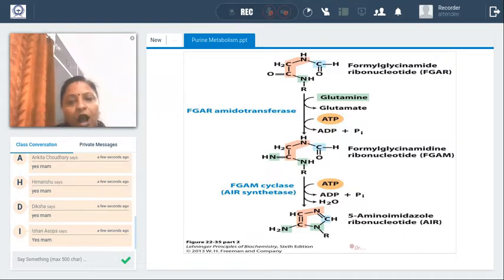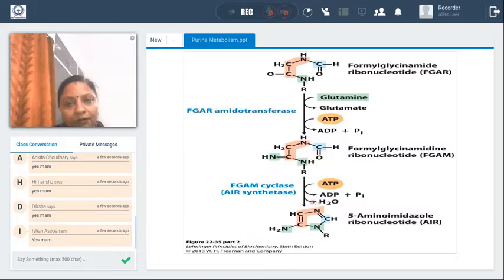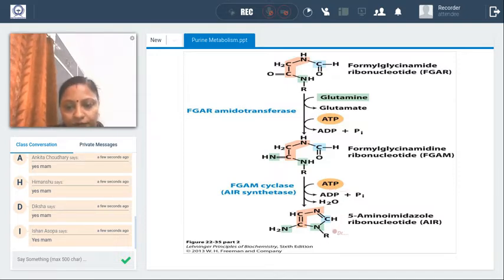This is important. R represents ribose 5-phosphate. Please listen carefully. R represents ribose 5-phosphate. So don't confuse what R is. R represents ribose 5-phosphate. Here we get AIR.